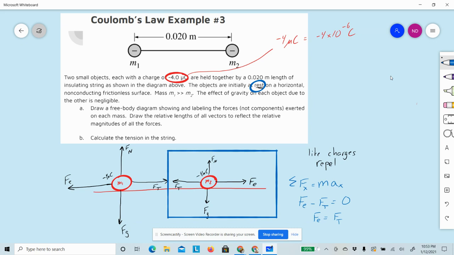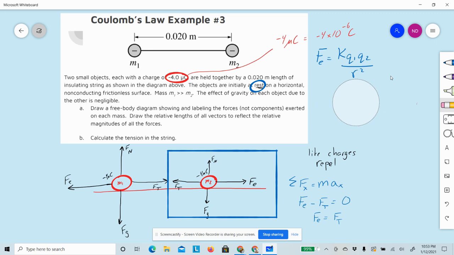The electrostatic force is very, very similar to gravitational. Electrostatic force is K Q1 Q2 over R squared. Very similar to gravitational forces between two planets or something like that. Remember, F sub G equals G M1 M2 over R squared.